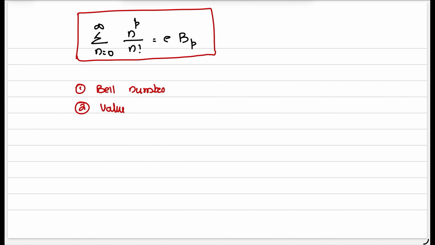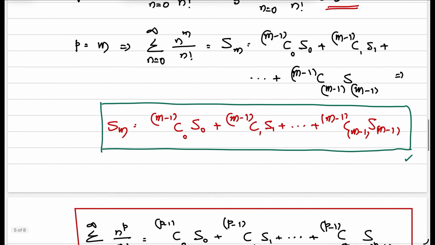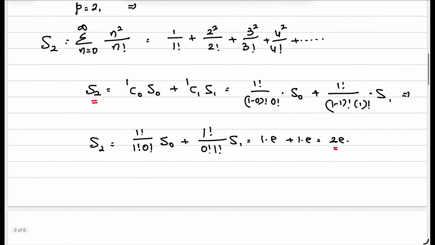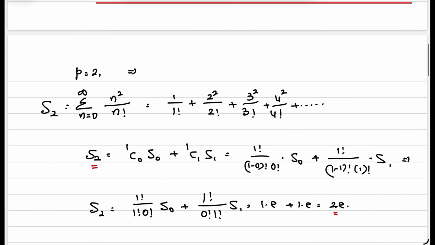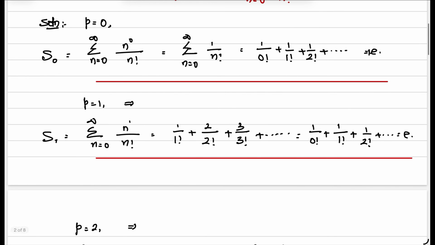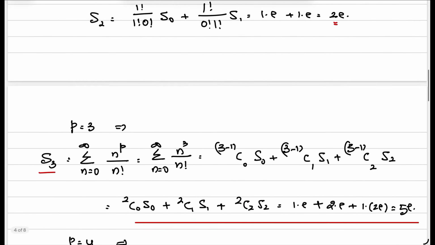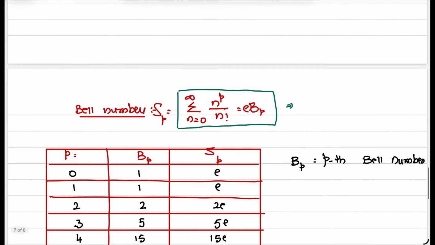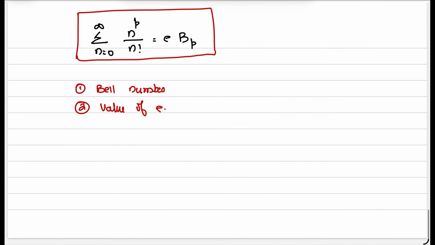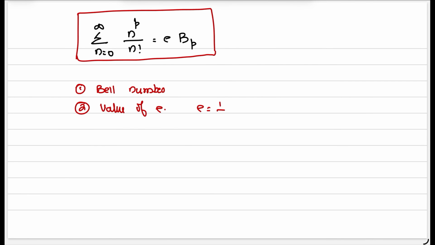How have we got the value of e? The value of e comes from the series 1 by 0 factorial plus 1 by 1 factorial plus 1 by 2 factorial, and so on, is equal to e. Try to prove that. If you have any doubts, I will prove it. e is equal to 1 by 0 factorial plus 1 by 1 factorial plus 1 by 2 factorial plus 1 by 3 factorial.